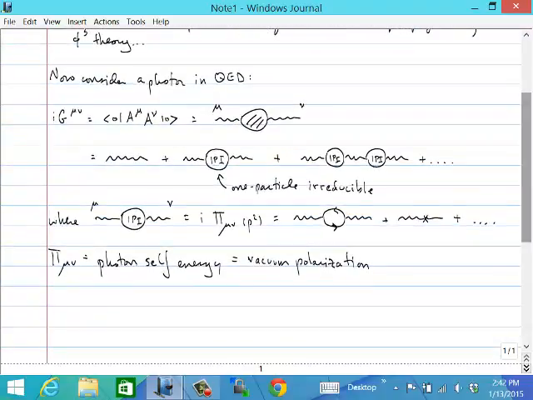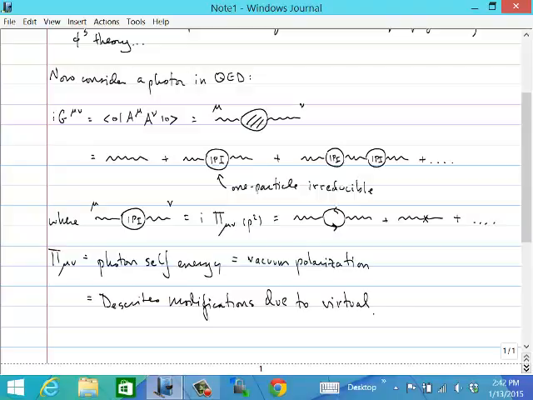And the reason why it has this name is that this one-particle irreducible contribution pi mu nu really describes modifications of the photon structure due to virtual pairs of electrons and positrons.